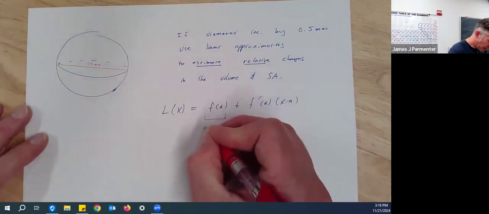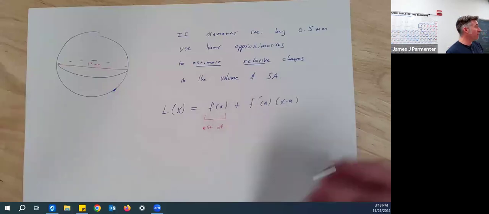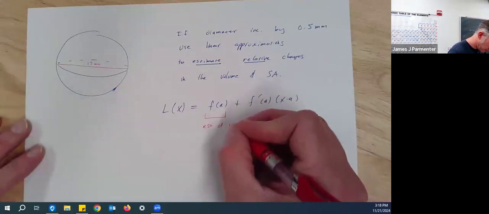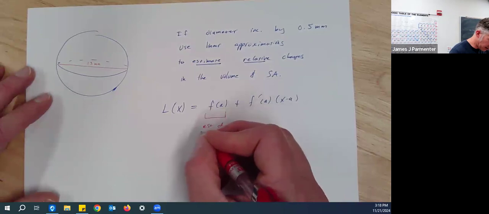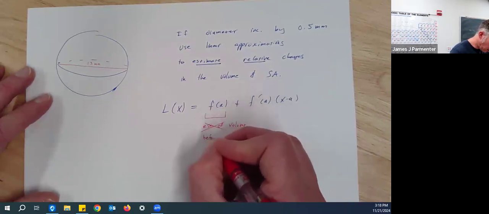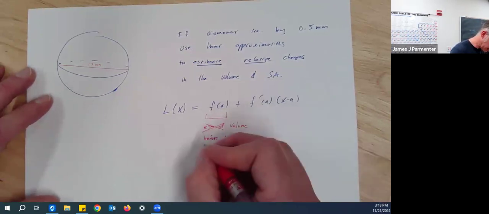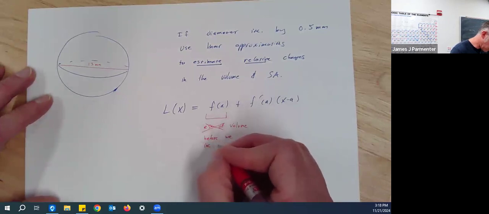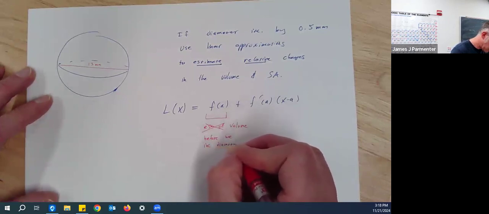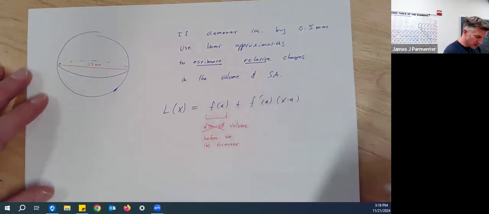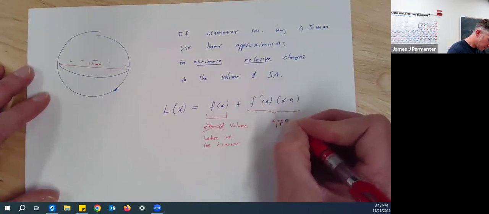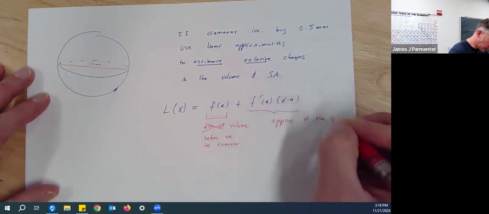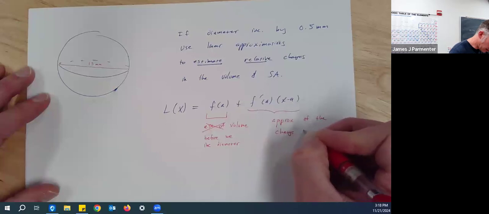This is like our estimate of, in this case, the volume, or the original volume before we change the radius. So let's say it that way: this is the volume before we increased the radius, or the diameter, I guess, is the word they actually used. And then this thing over here is our approximation of the change in volume.